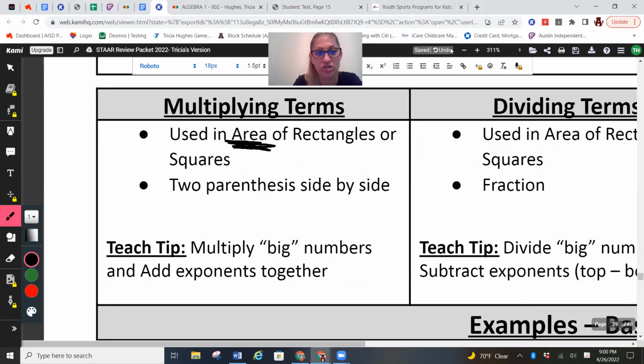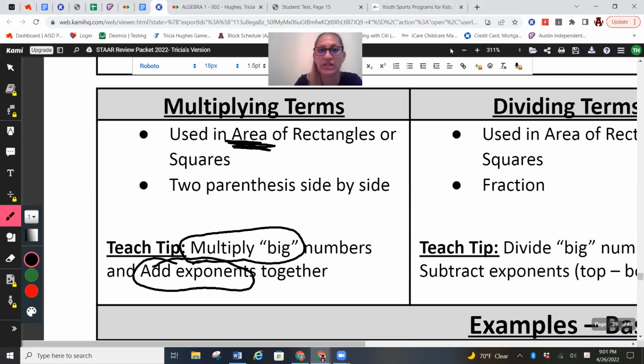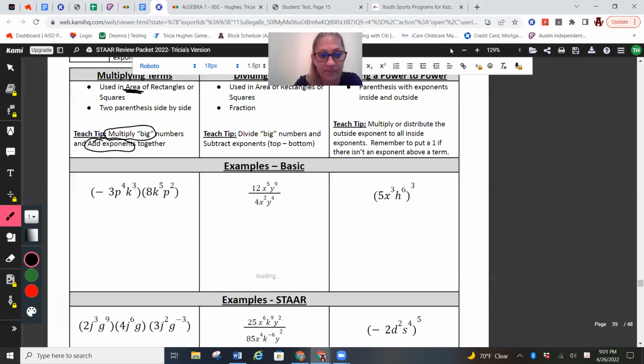When it's multiplication, you might see 2 parentheses side by side. Your teach tip is to multiply the big numbers and add exponents. So multiply the big numbers, but you're going to add the little numbers. Let's take a look at what that looks like.